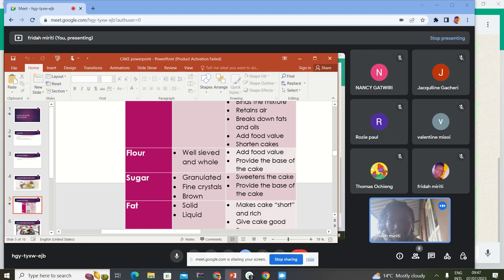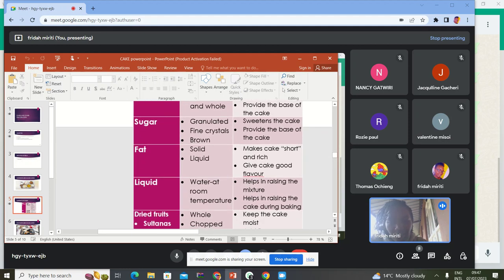We have sugar that is normally in three states: the granulated sugar, the fine crystal sugar, and the brown sugar. Sugar is used to sweeten the cake. We have fat that is either solid or liquid in nature, and this gives the cake good flavor, or it makes the cake short and rich.